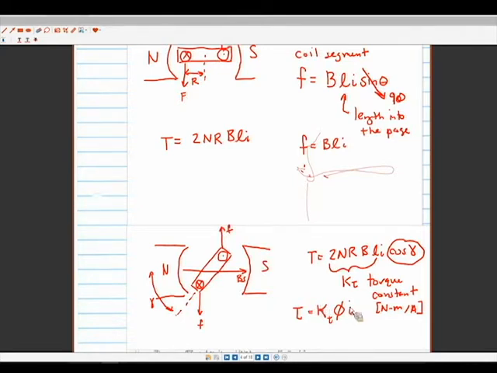I'm going to pull up a spec sheet here that I think will maybe help illustrate this.